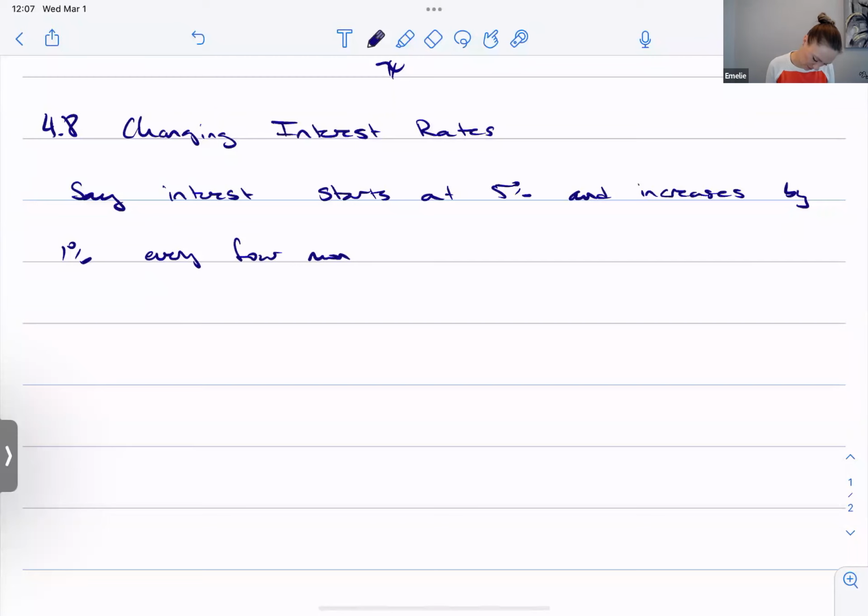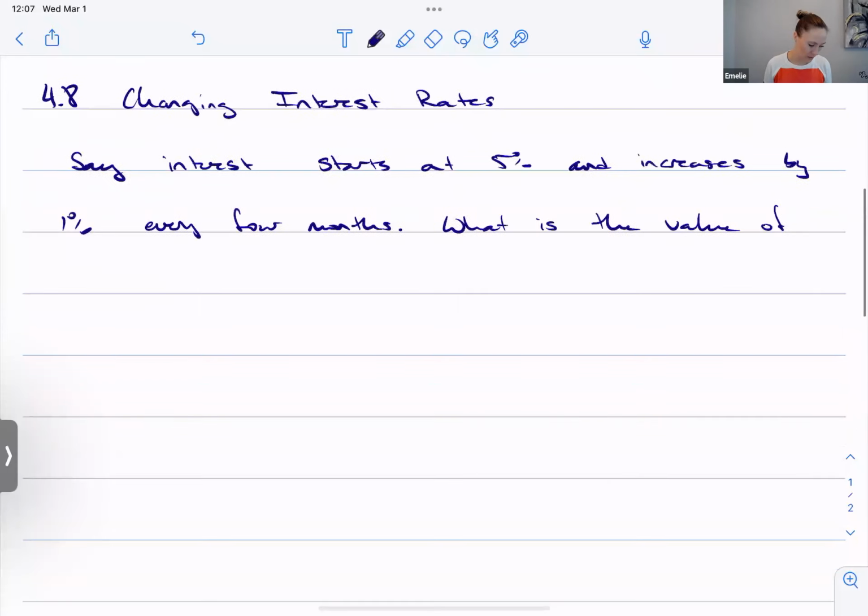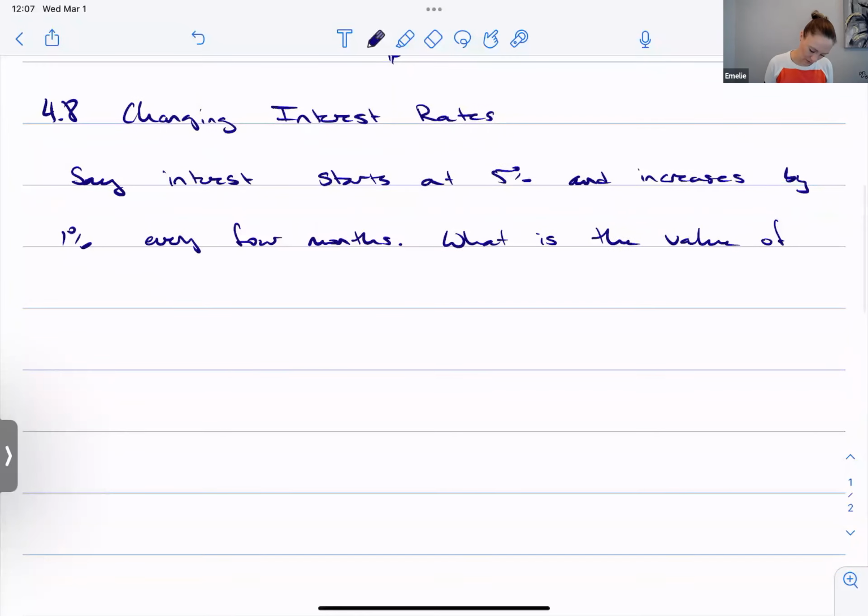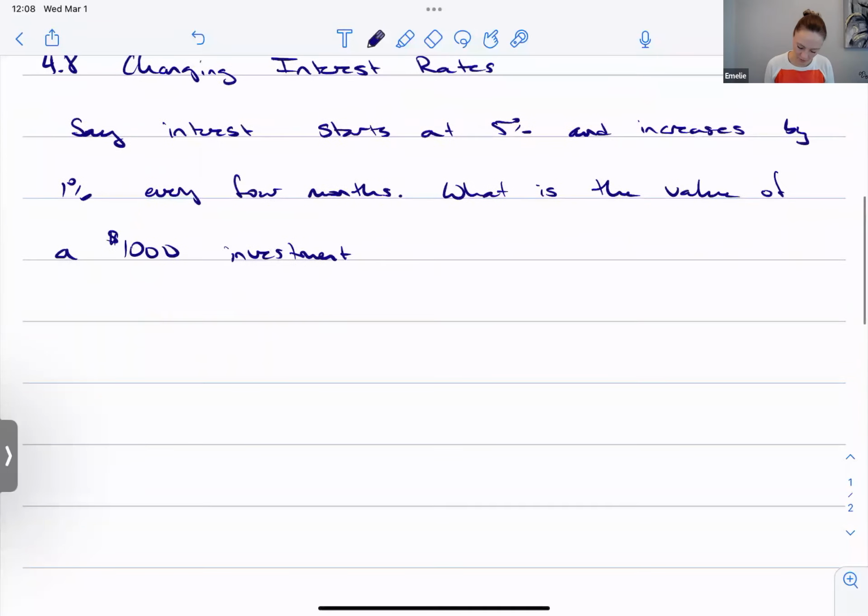What's the value of a $1,000 investment after 1 year then? So we'll be able to solve problems like this.